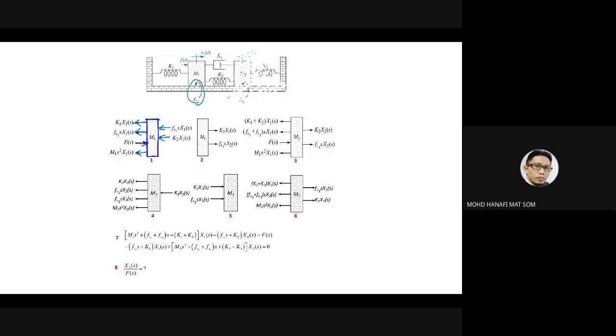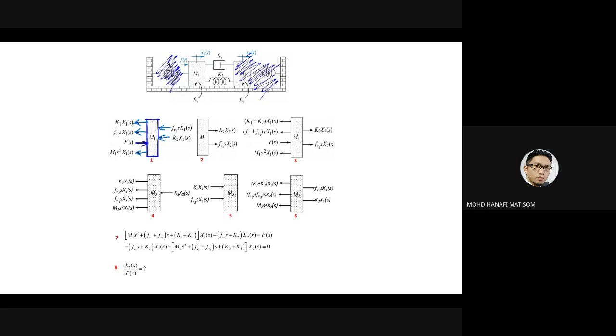So now we consider M1 due to the motion of M2. So we ignore this one. M2 again, we ignore this one. So we have the motion of M2, right? We have the motion of M2, which is actually due to the applied force F on M1.